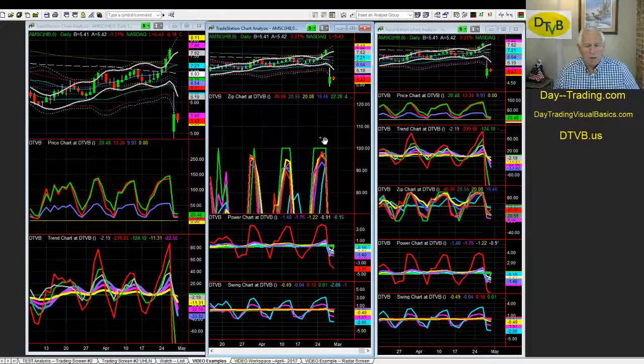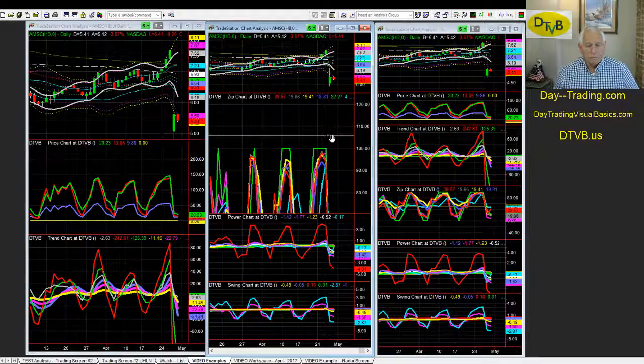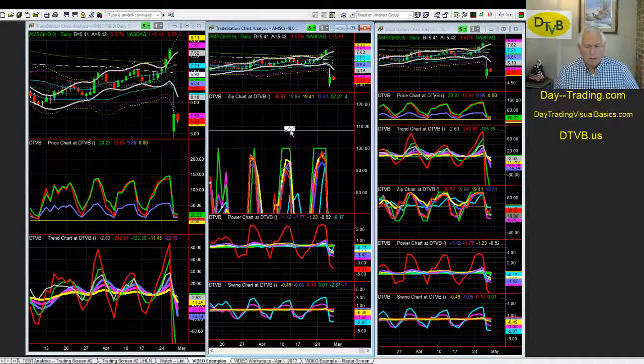Those 4 have gone down. Right now, Zip pink comes up and tells you that that's the signal. If you go over here, you've got another pink green top. Zip pink is at 93.